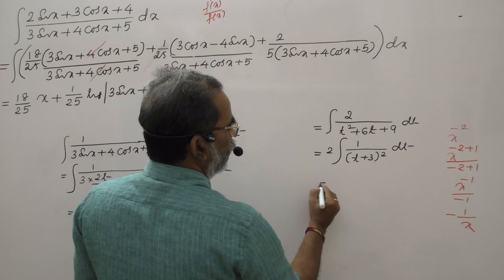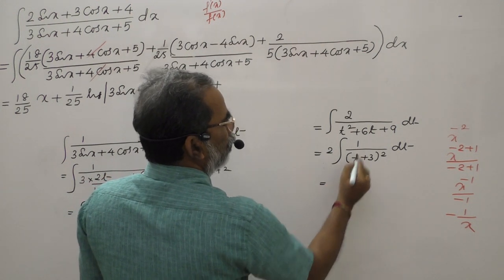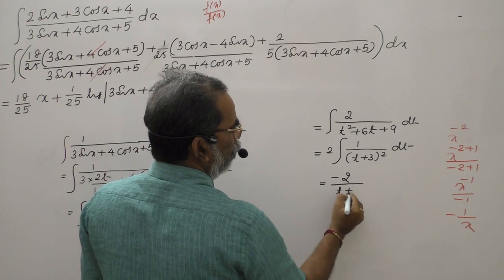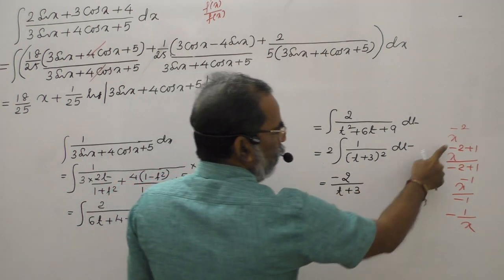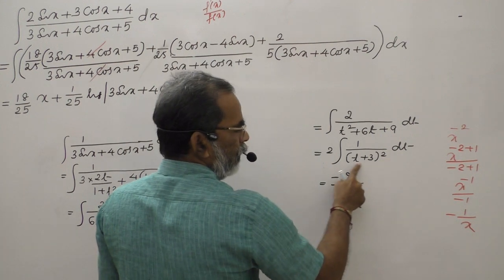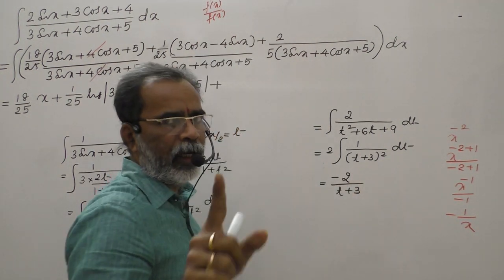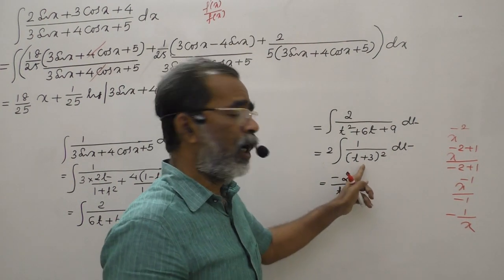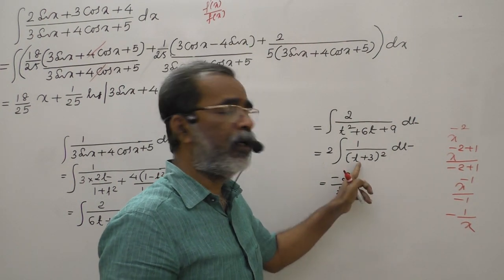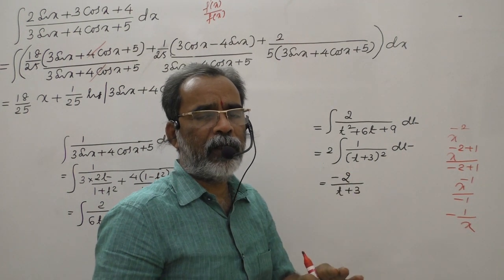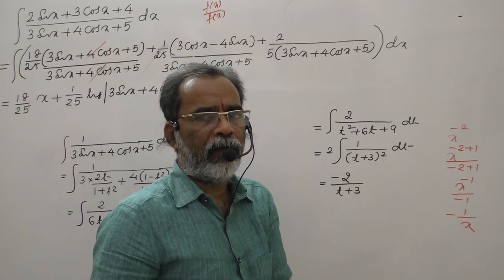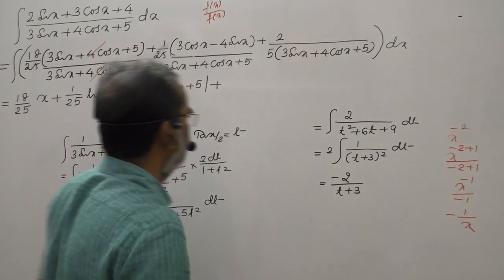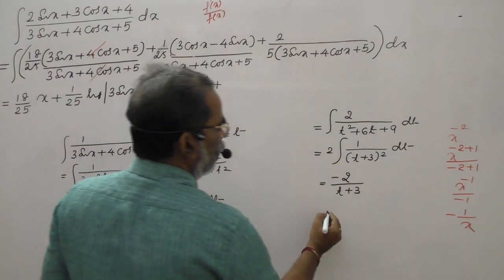Therefore, for this the integral, 2 is there, minus 1 by x, that is t plus 3. In place of x, linear is there, so I can apply that 1 by x square, but I have to divide by its derivative. t plus 3 is linear, whose derivative with respect to t is 1 only. No problem.